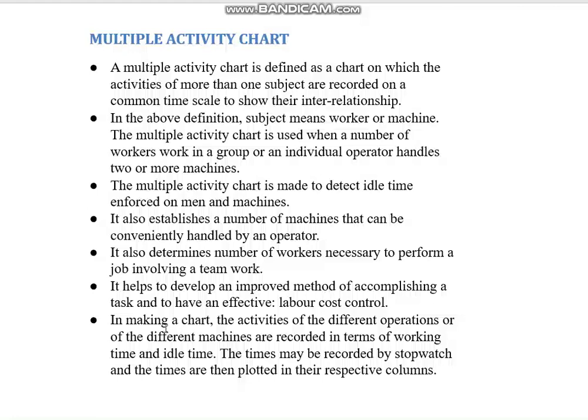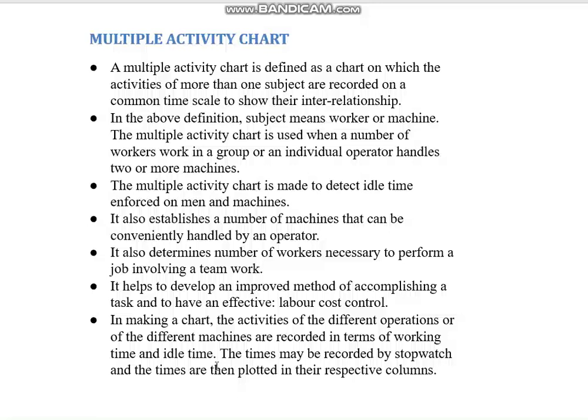In making a chart, the activities of different operations or of the different machines are recorded in terms of working time and idle time. If you take one man and one machine, for example, when a man is loading, the machine will be idle.